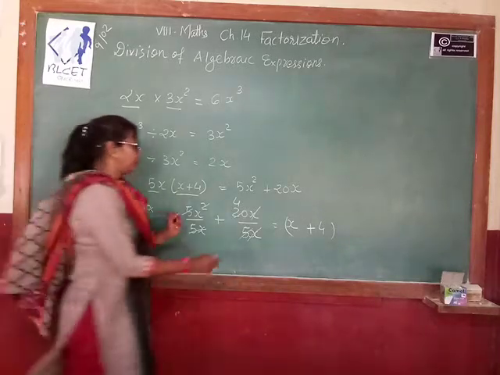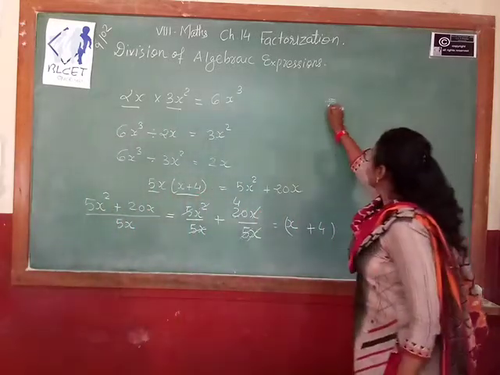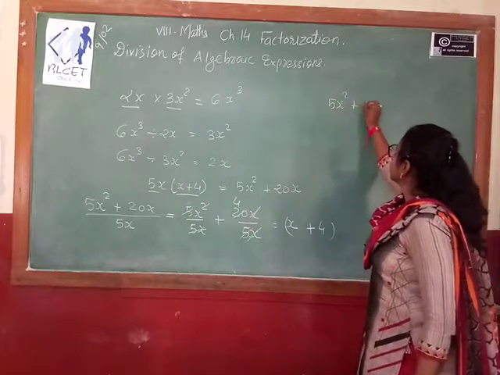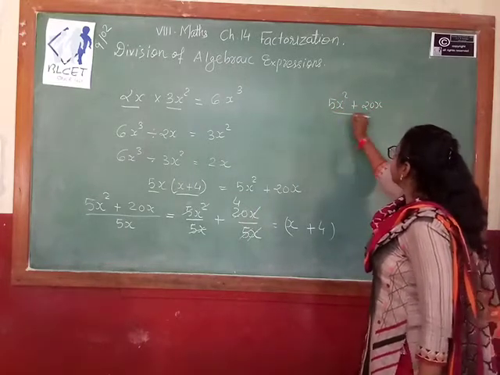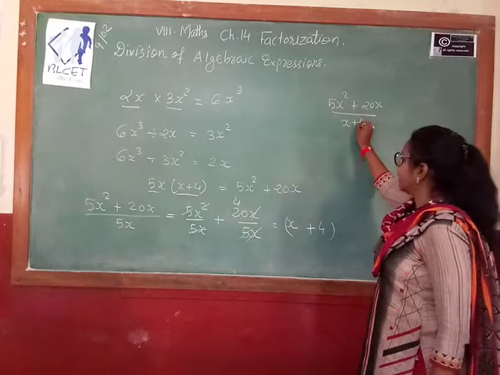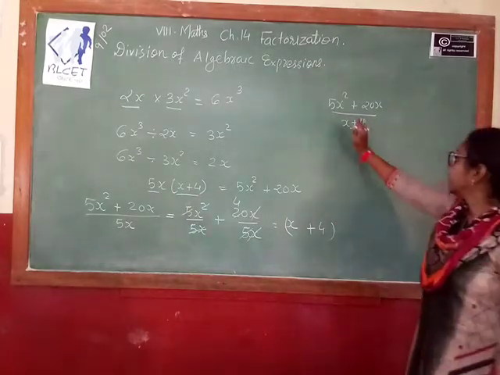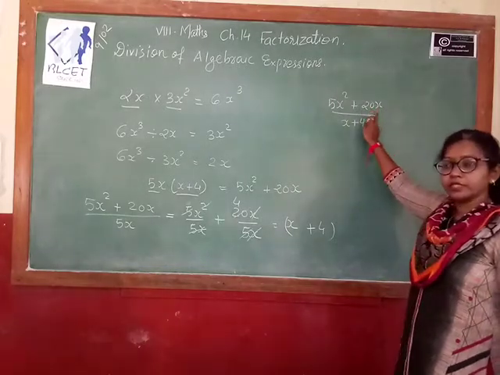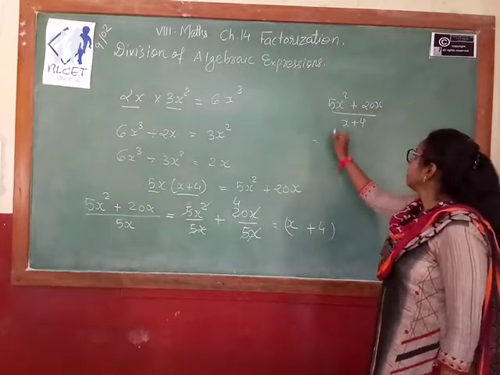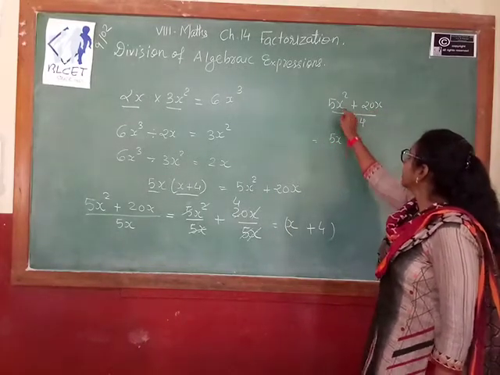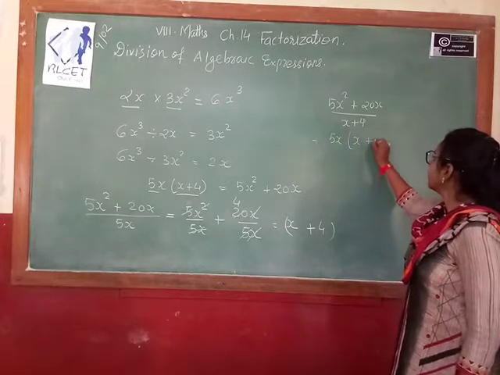Let's see how. So 5x square plus 20x divided by x plus 4. How will you do this? You can just take the common factor from these two terms. So what is common? 5x is common. Then what is left? x plus 4.